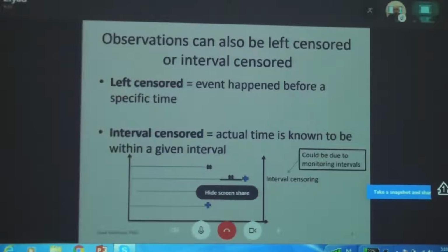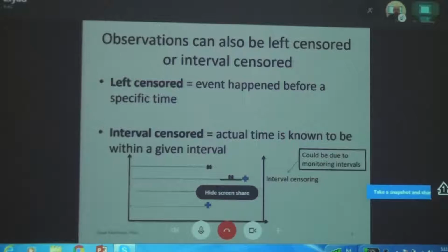We might know the end time, but we don't know the start time. These are very uncommon compared to right censoring, and they are more difficult to deal with in terms of analysis. So what we can assume for the rest of these lectures is that the only type of censoring we're going to deal with is right censoring.